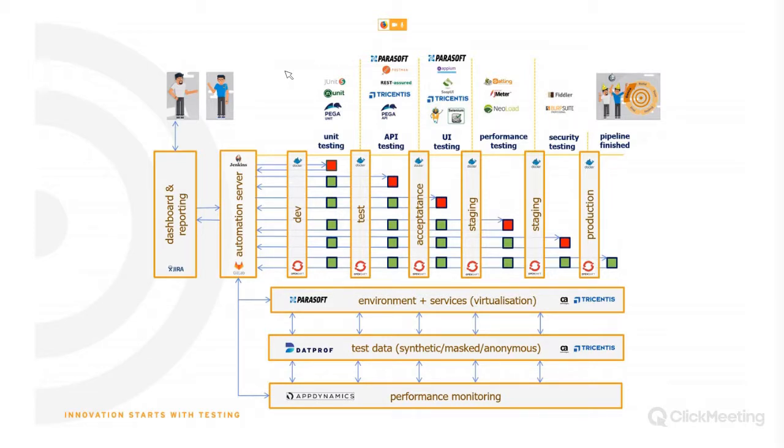And in here you can see some of our Valori strategic partners, in order to make sure that we can tackle any given problem at a client. Among them is DATPROF with test data, which we use at quite a lot of companies in order to make sure that test data, which is a main priority for having correct environments, can be used throughout the testing process.